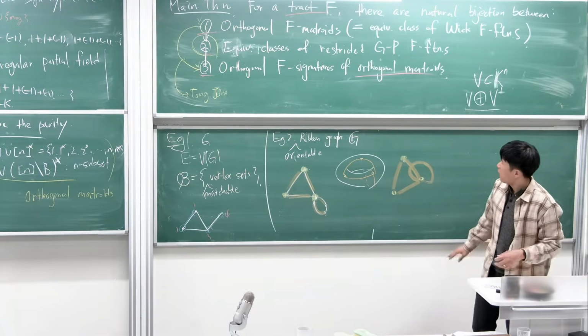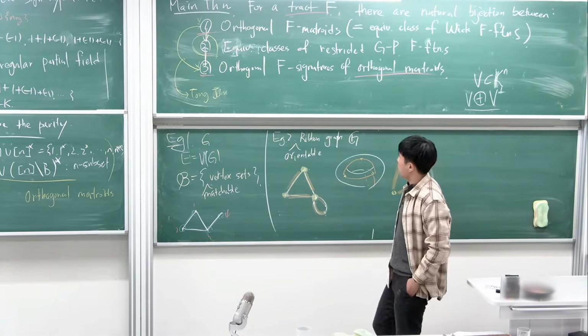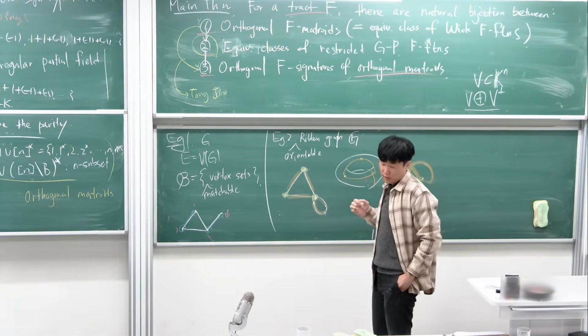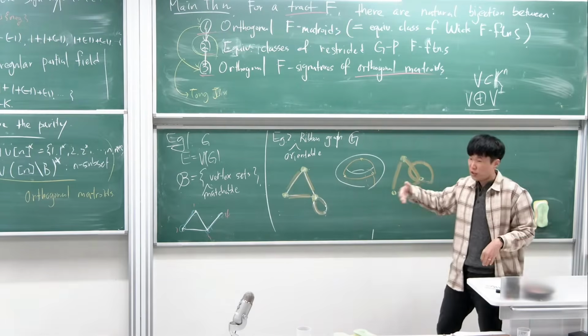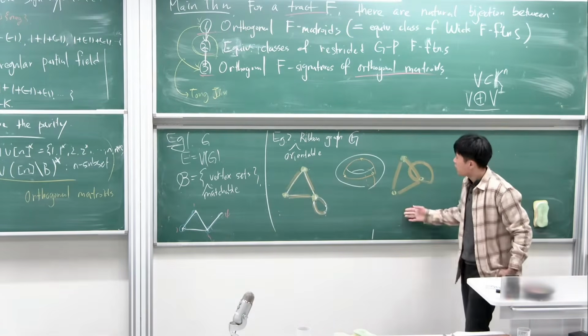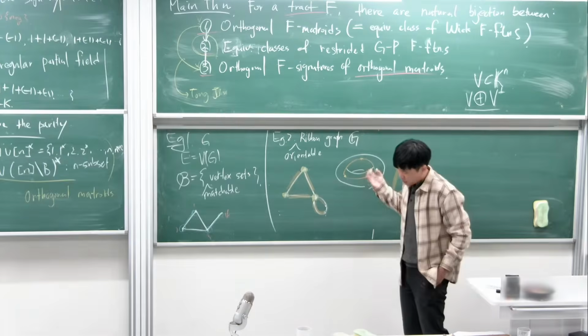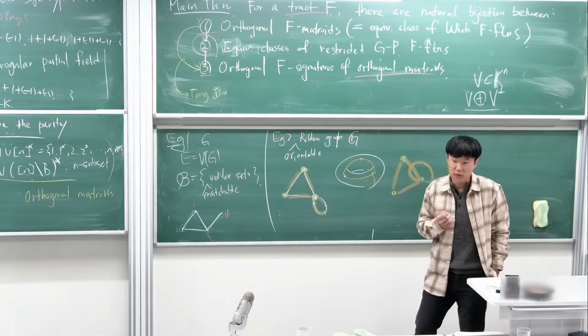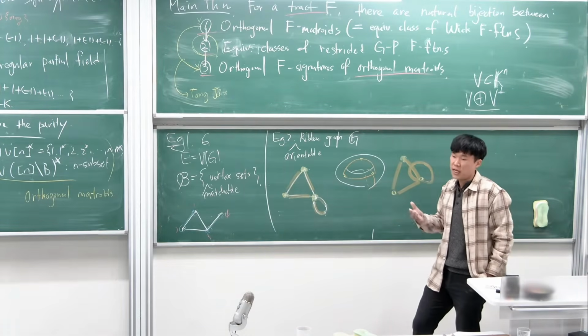So basically, a ribbon graph is a notion which has some additional topological data, and this is closely related to knot theory or graphs with vertex and pivot minors.